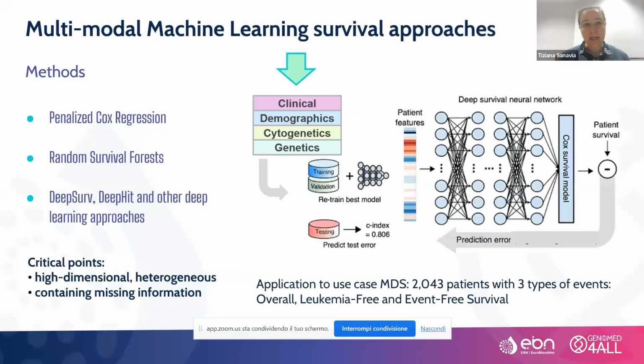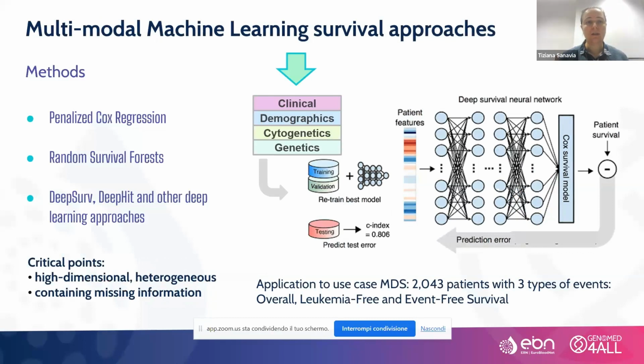So as a first application, we already tested this algorithm on the use case of myelodysplastic syndrome, where we have a cohort of more than 2,000 patients, and we consider three types of events: the overall, leukemia-free, and event-free survival.